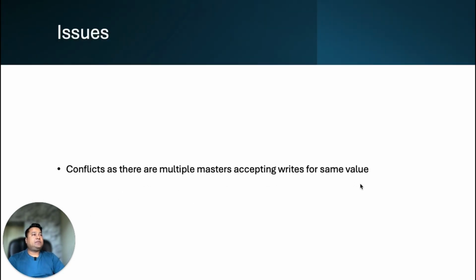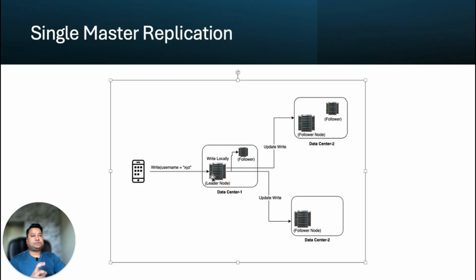Here, I have written conflicts, as there are multiple masters accepting writes for the same value. As I said, let's say you have a row in your database, and that same row is being updated at data center 2, and the same row in the same table, the column address, is also being updated at data center 1.